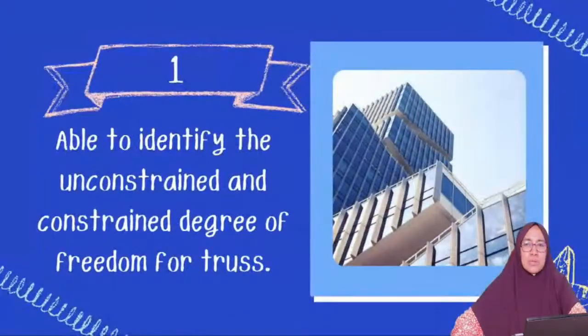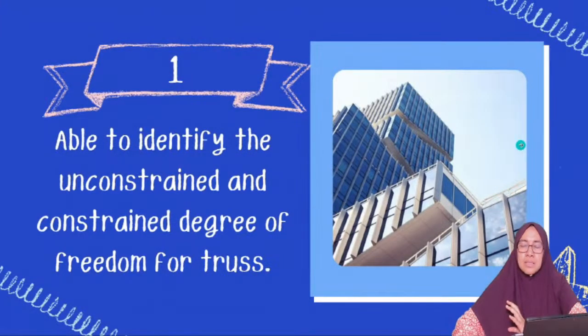So the learning outcome when we analyze structures using stiffness method. The keyword that everyone should understand is about unconstrained and constrained degree of freedom, because before we can analyze either truss or frame or beams, we have to identify according to unconstrained and constrained degree of freedom.